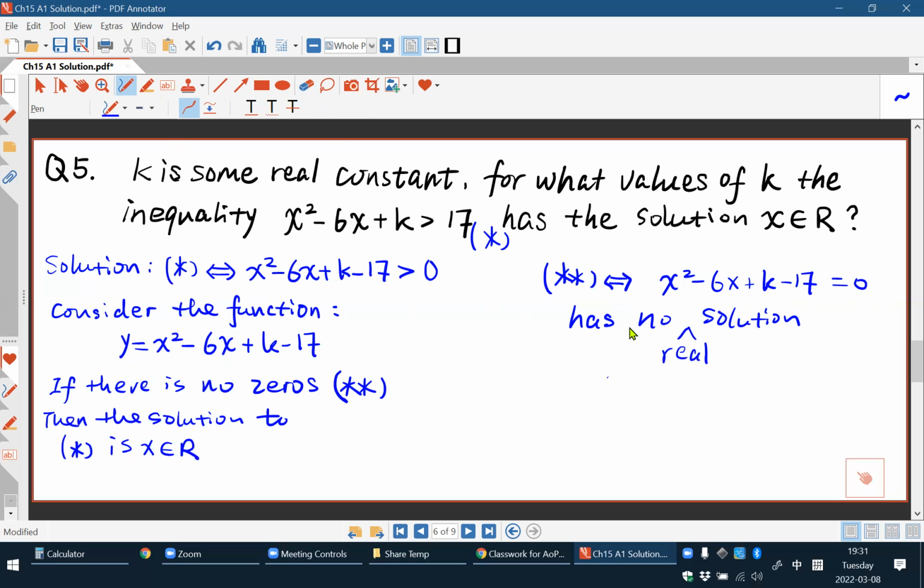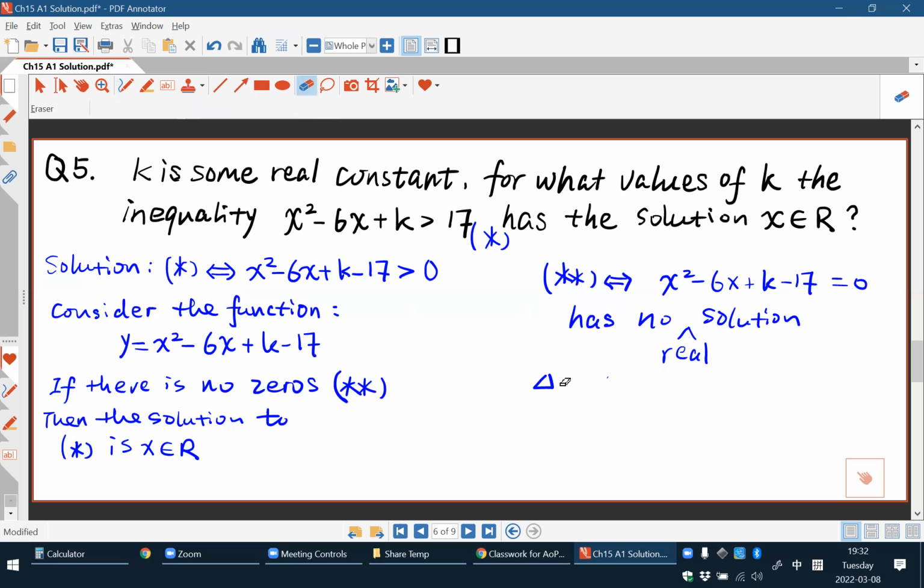We need to discuss the discriminant delta, right? Remember that the value of delta decides the type of solutions we have, right? So if this equation has no real solution, what is our delta? Delta is greater than 0, or equal to 0, or less than 0. Which option is correct? Less than 0, right?